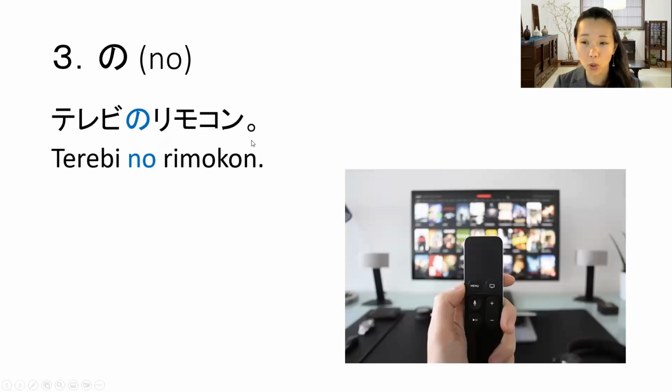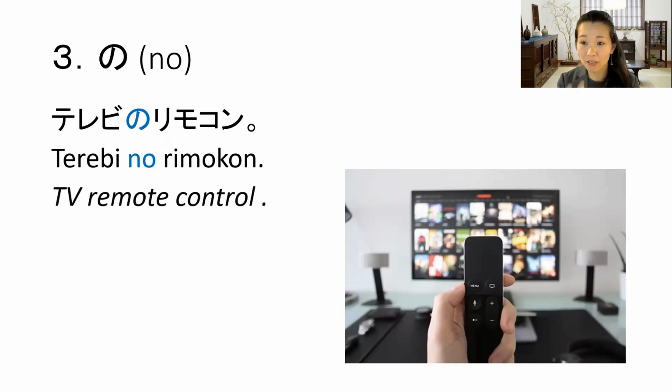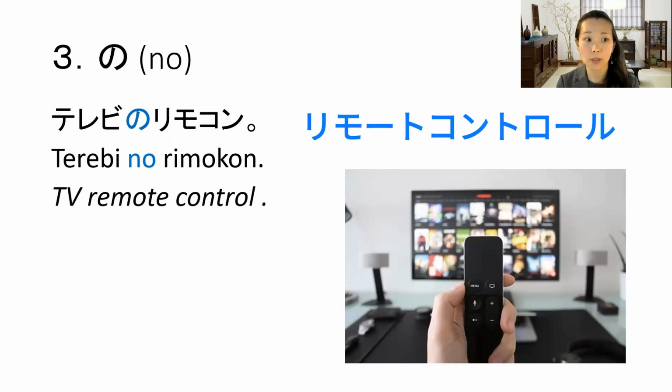テレビのリモコン. This is written in katakana because the meaning is a TV remote. TV comes from television, from the original English, so that's why it's written in katakana. Katakana words are originally from overseas, foreign words.